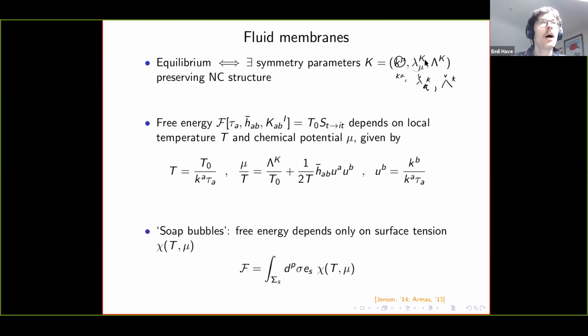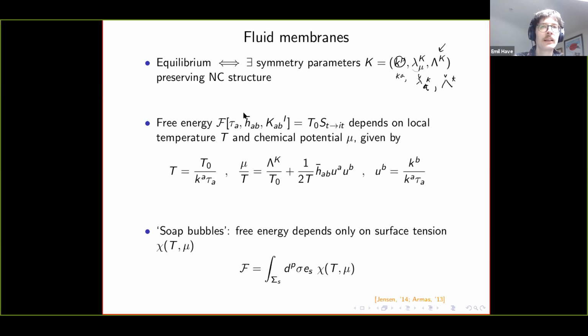This is a symmetry parameter for the boosts, and this thing here is a symmetry parameter for the gauge transformations of the mass gauge field that we talked about earlier. So these are the symmetry parameters of the geometry, which we then, in this equilibrium partition function approach, convert into local thermodynamic data.